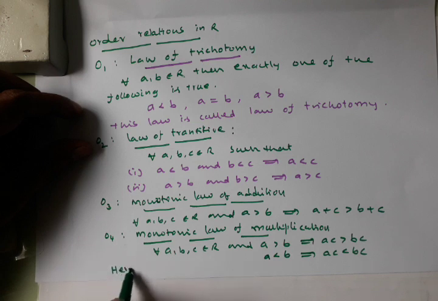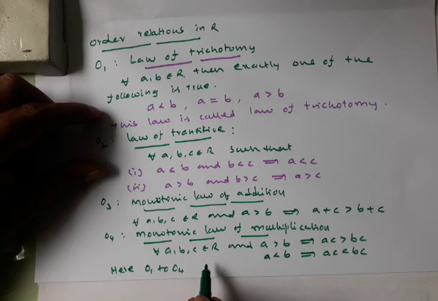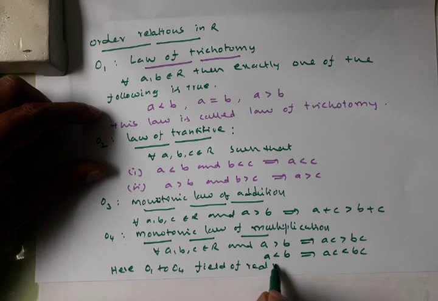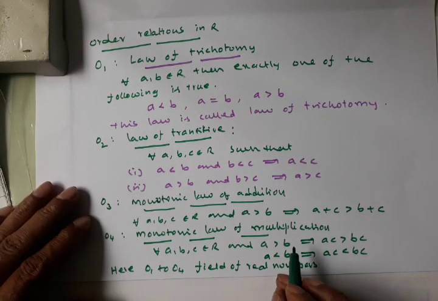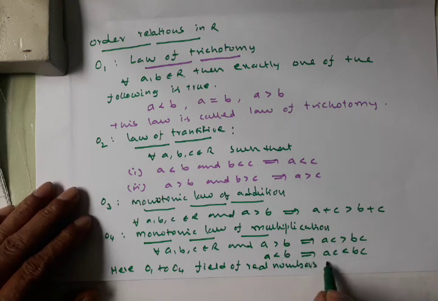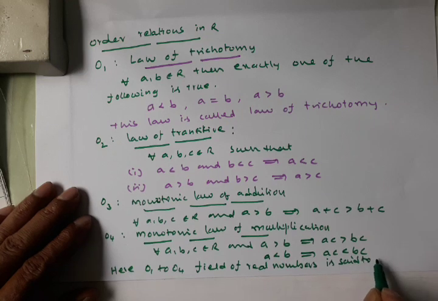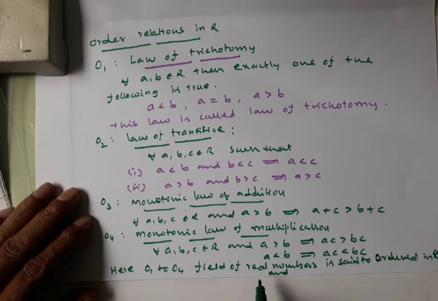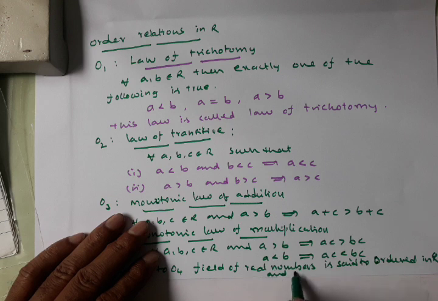Here, with O1 to O4, the field of real numbers is said to be ordered, and R is called an ordered field.